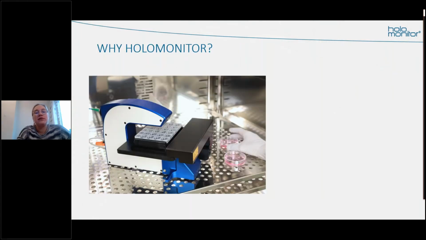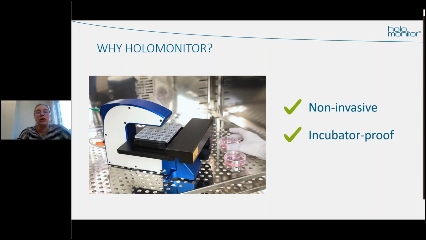To summarize why you should use HoloMonitor to image your cells. The cells are imaged in a non-invasive way. No labels or toxic stains are needed. You can run automatic live cell assays 24/7 directly inside your standard incubator.